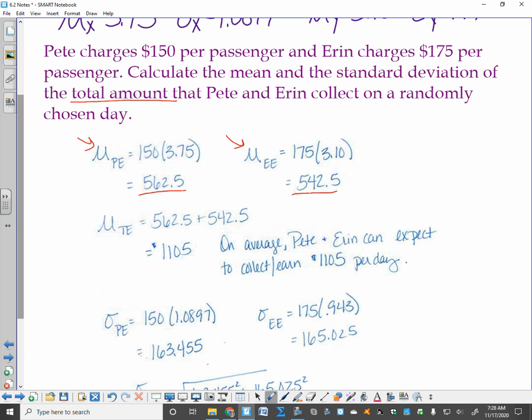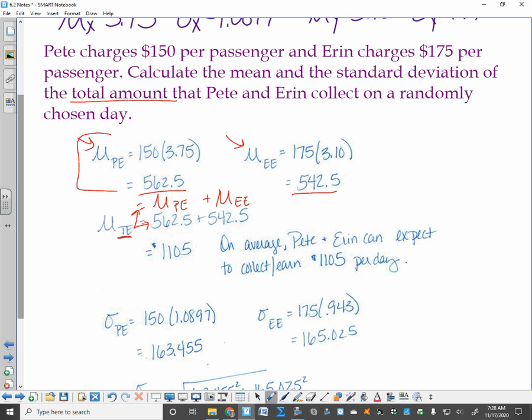She charges more, but she has a lower average. So the total is going to be $562.50 plus $542.50. I know it's all written up there, but I might even write that out and then go there just to show them.